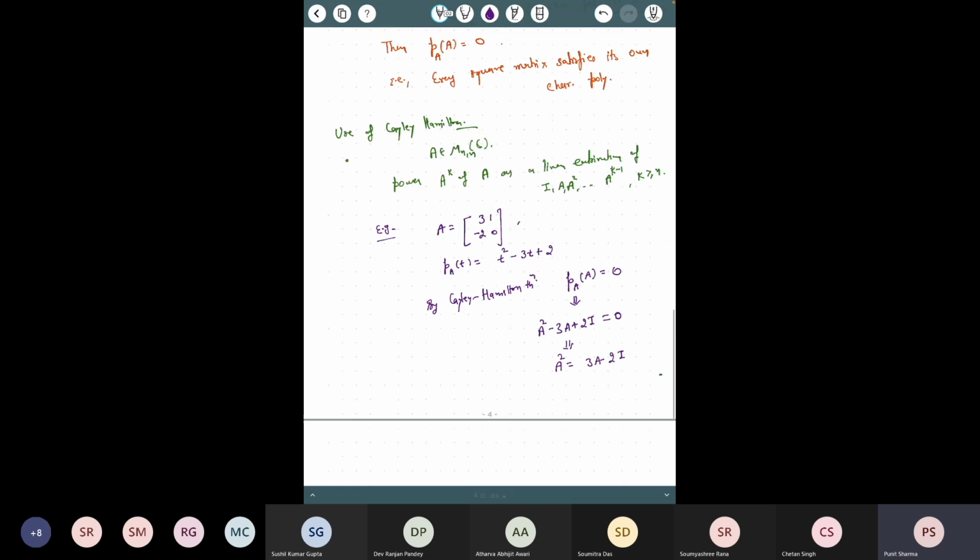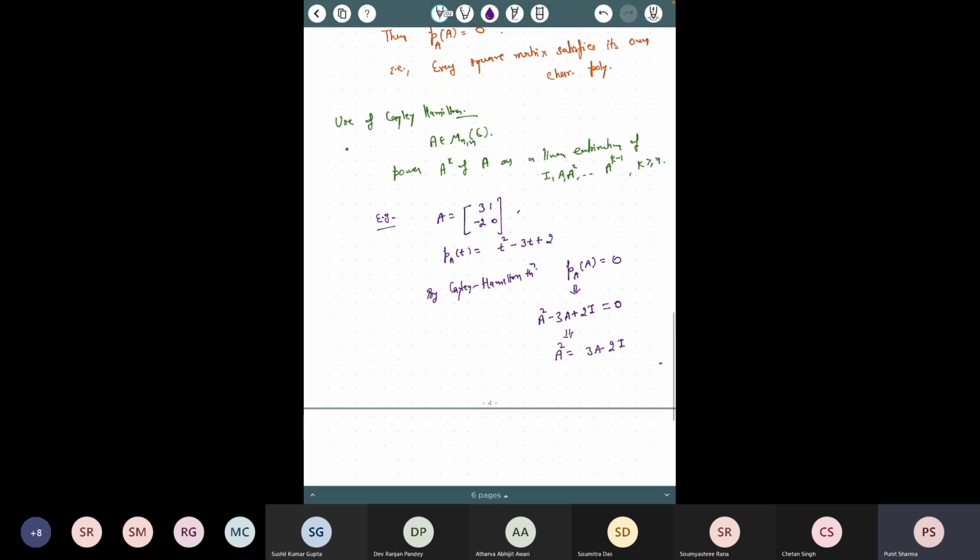So now you see, I can write A square in terms of this. Now suppose I want to write A cube. A cube would be A multiplied by A square. I know A square is 3A minus 2I, so this is 3A square minus 2A.